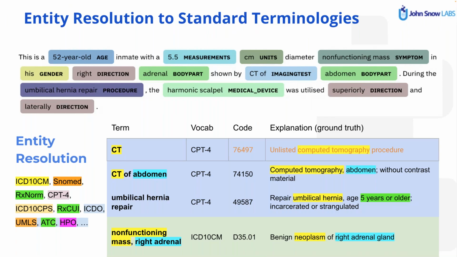This is why we have the relation extraction models. If you leverage the relation extraction models and check the relationship between them, they have a relationship. And when you query CT of abdomen, it is much more accurate than this one.